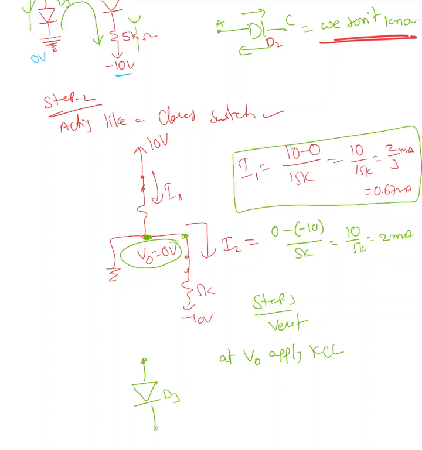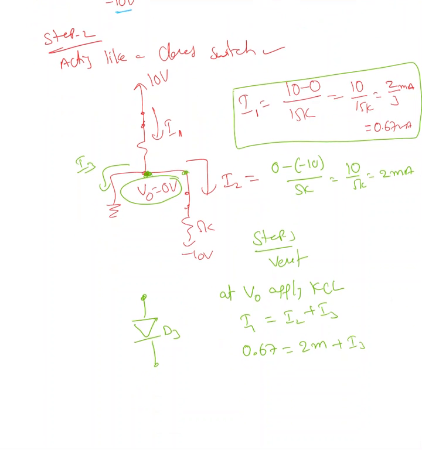So if we apply KCL, I1 current is coming in and I2 is going out. Let me label this current, which is also going out, as I3. So I1, which I know is 0.67, equals I2, which we know is 2 milli, plus I3.